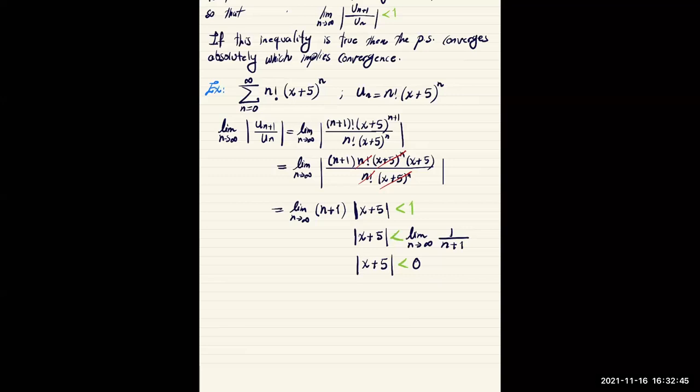Alexei, the word undefined is for when something does not exist. For example, 1 divided by 0 is undefined. Or log of -1 is undefined.